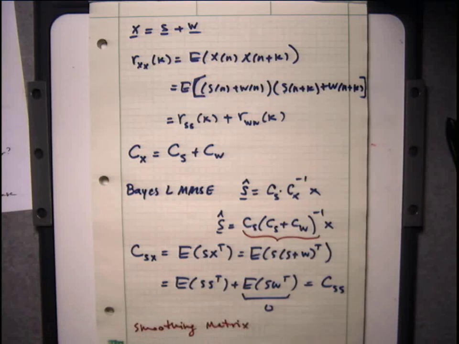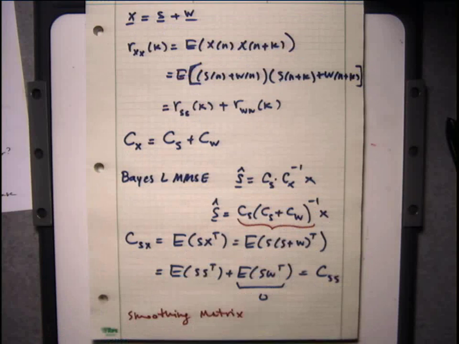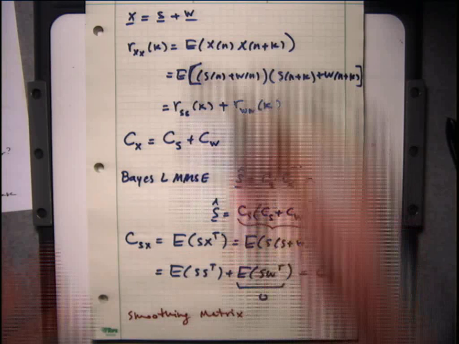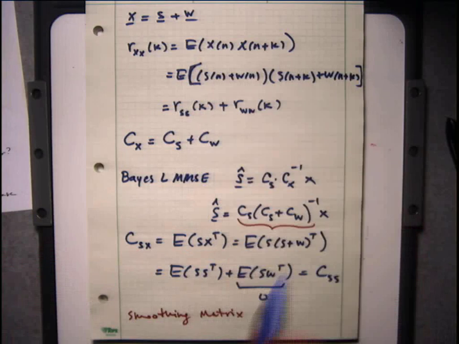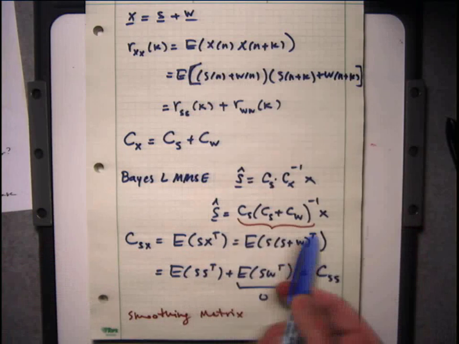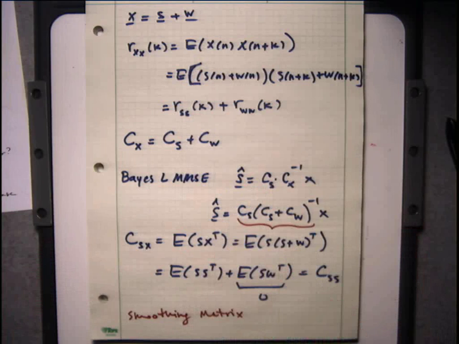So we'll see why this is called this, well, we know why it's called the smoothing matrix, because this is the problem that we call smoothing. But we'll see another interpretation of this in a short while. But let me just mention very quickly, if you think of CS as being the variance of the signal, right?